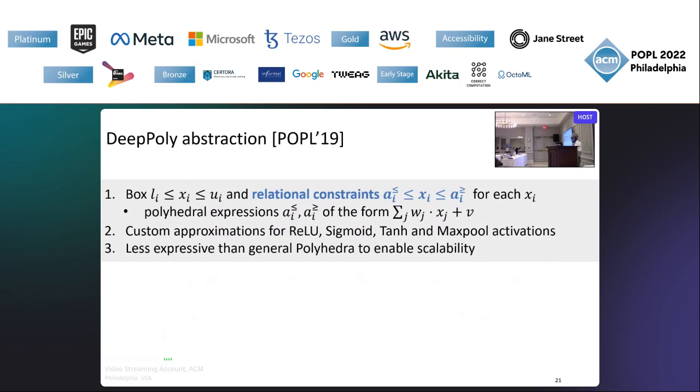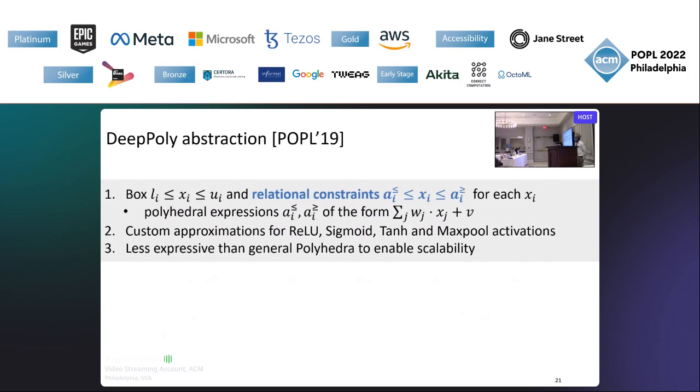Each neuron in a network will only have 2 interval constraints, the upper and the lower bound, and 2 polyhedral bounds, right? So besides capturing the interval relationship, it will also capture the relational constraints. This makes DeepPoly handle the affine transformations exactly.